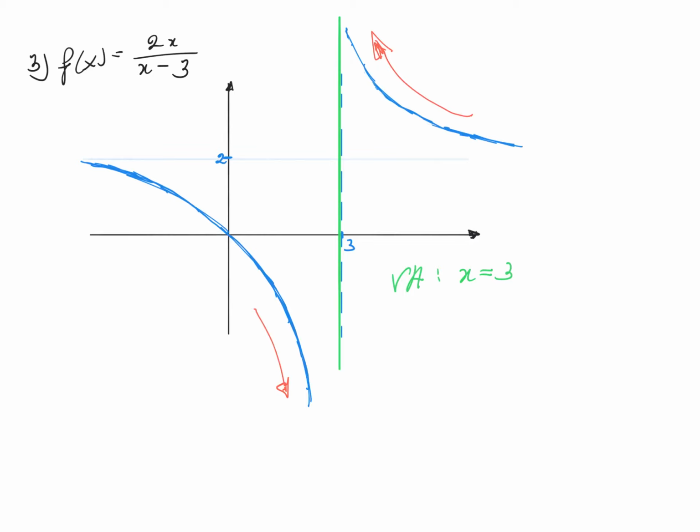If we just think about the function, then we see that the limit of 2x over x minus 3 for x going to 3 from points on the left side of 3 will be minus infinity. Why?